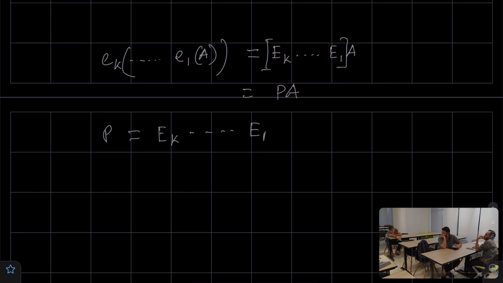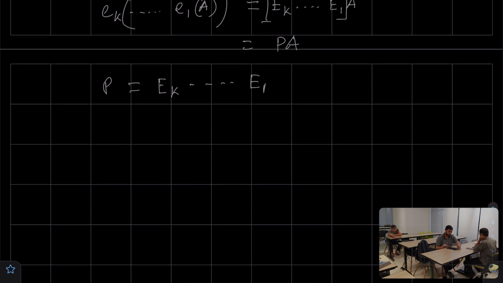No, don't you need the fact that the product of invertible matrices is also invertible? Right, we also need the fact that the product of invertible matrices produces an invertible matrix.